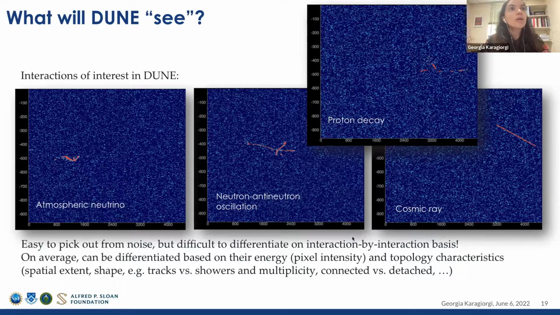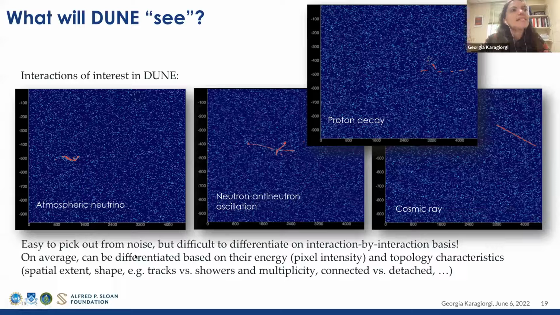Or these rare beyond standard model neutron and proton decay processes might also look like this in the detector, extending tens of centimeters to about a meter each, and being fairly energetic, meaning leaving behind lots of ionization energy deposition, represented by the red color here.